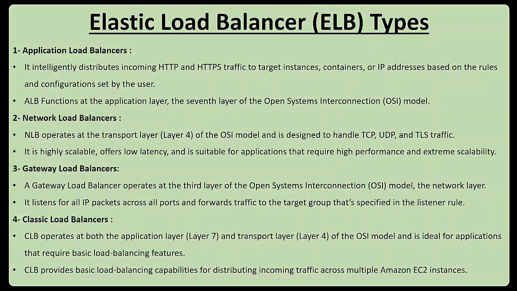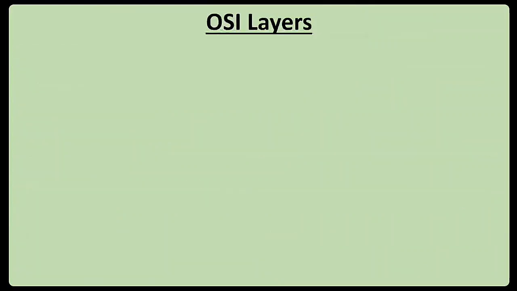Only EC2 instances can provide basic load balancing capability for distributing incoming traffic across multiple EC2 instances. By using multiple EC2 instances, you can use your classic load balancer. This is the difference, so let us see the OSI layers.